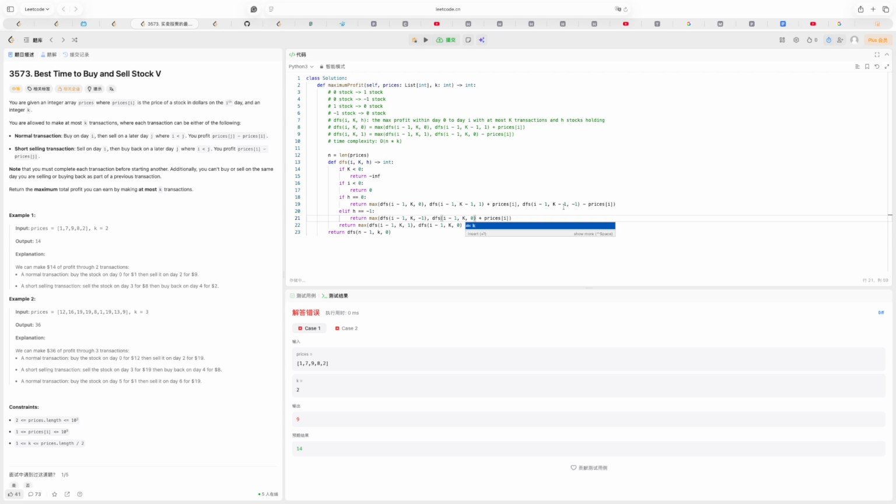And when you buy back, like when you are 0, that means you have sold before and you buy back today. So you finish your transaction.